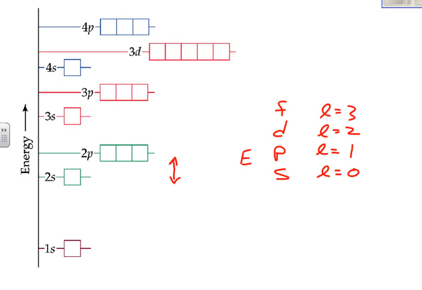So we see that if we look at the third level here, the 3S, 3P, and 3D, how they successively get higher in energy. The other thing we want to notice is that within a sublevel, so within the 3Ps, those three orbitals are all at the same energy, or they are degenerate.